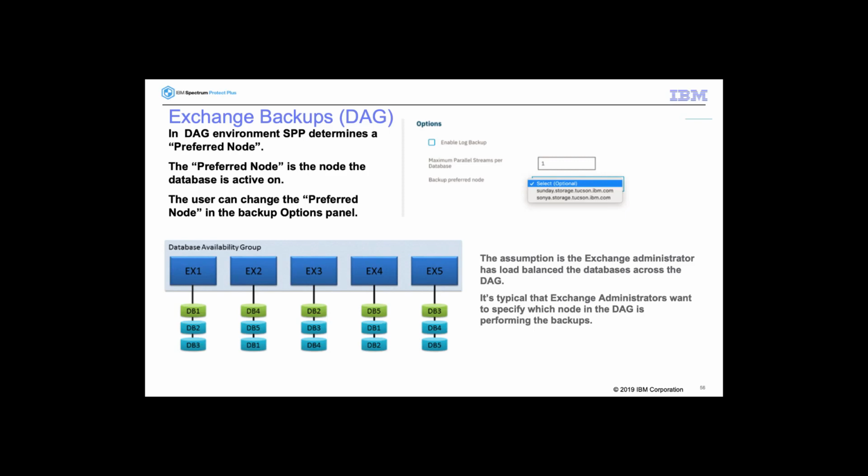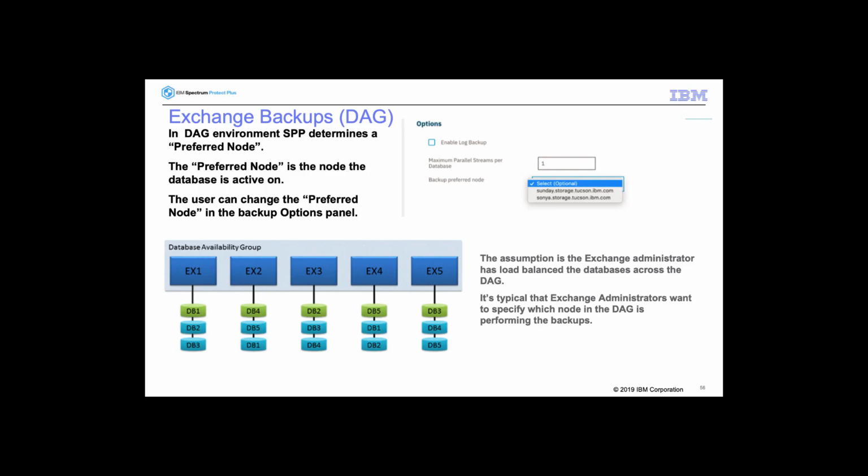For Exchange backups with a DAG, you can go in and specify which particular node in the database availability group you want to perform the backups on.